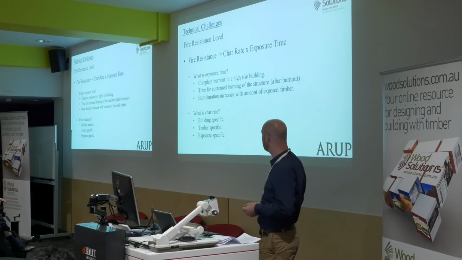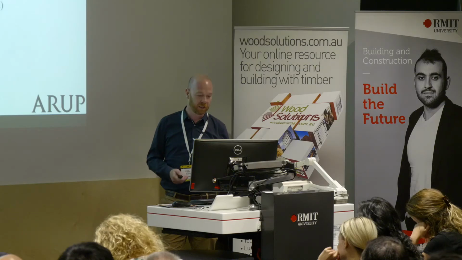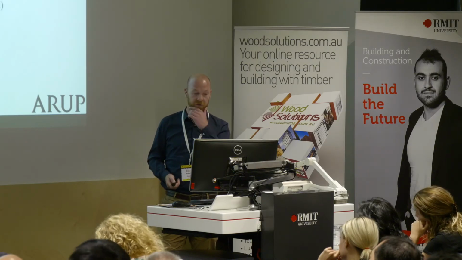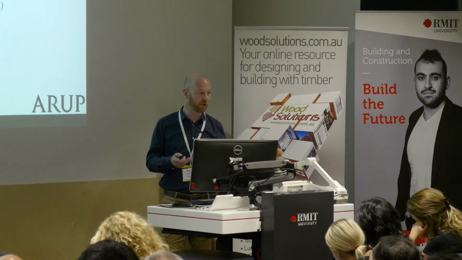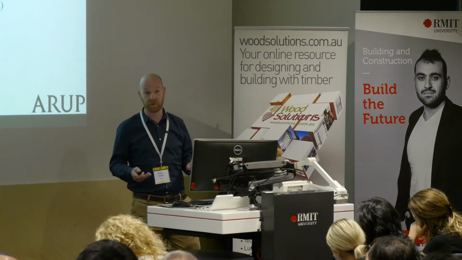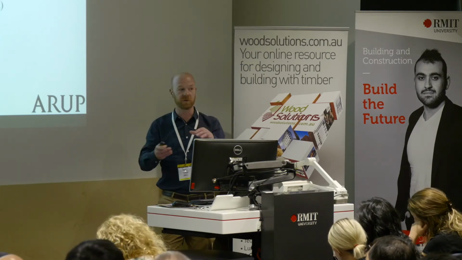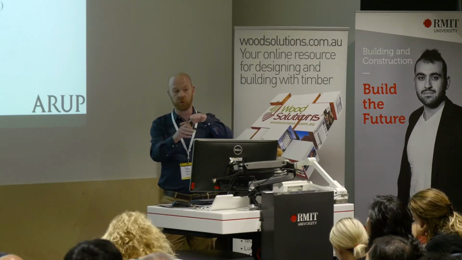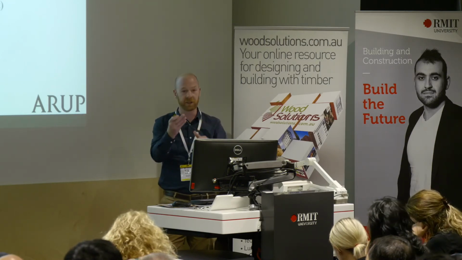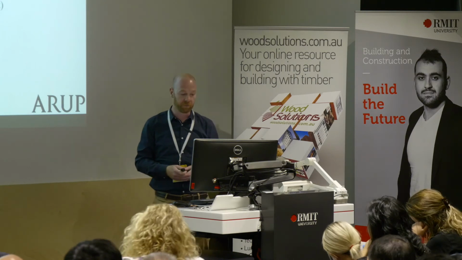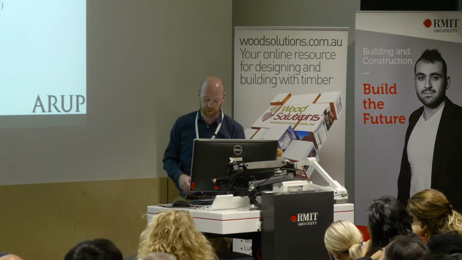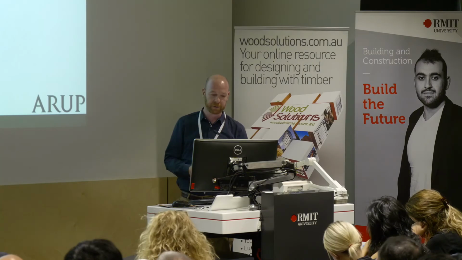It's timber specific, so different timbers char at different rates, different types of timbers char in different ways. And it's exposure specific as well, so in terms of the time, but also the location within the compartment. There'll be hotspots within compartments where, for example, you've got two exposed timber surfaces coming together and they can re-radiate in between. You get much more accelerated char rate there.